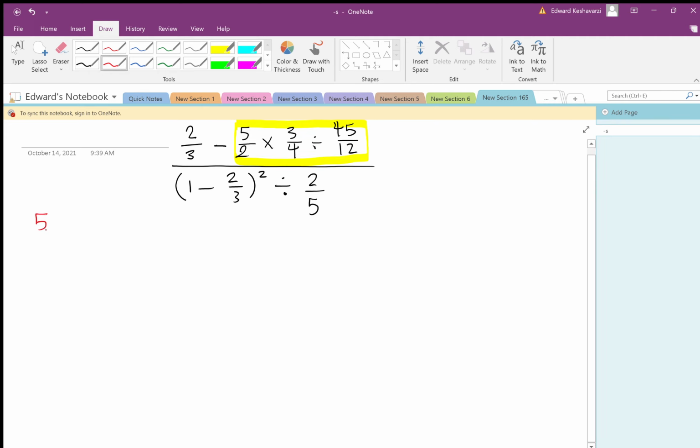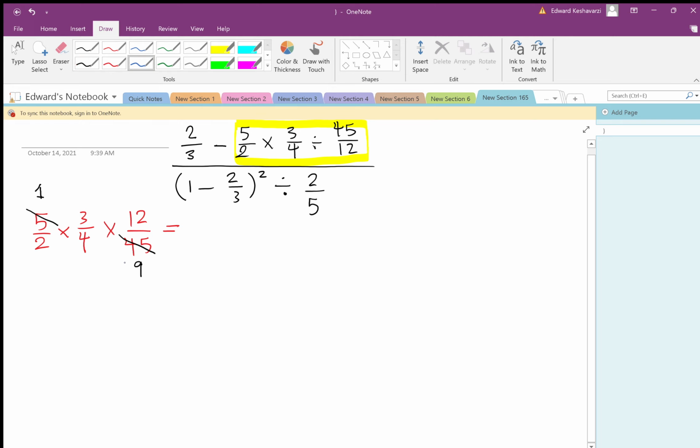So 5 over 2 times 3 over 4. And I'm going to change at the same time division to multiplication by flipping the fraction right after. So now we need to simplify. I'd say 5 divided by 5 is 1, and 45 divided by 5 is 9.